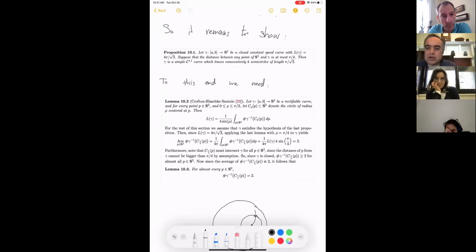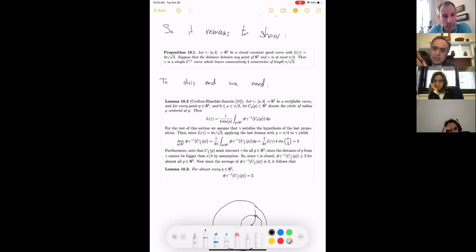Remember, the first time I saw it was in Milnor's proof of the total curvature of knots. If you have a curve on the sphere and you look at all the great circles, and you integrate over all the great circles the number of times that the great circles intersect your curve, it gives you an estimate for the length.